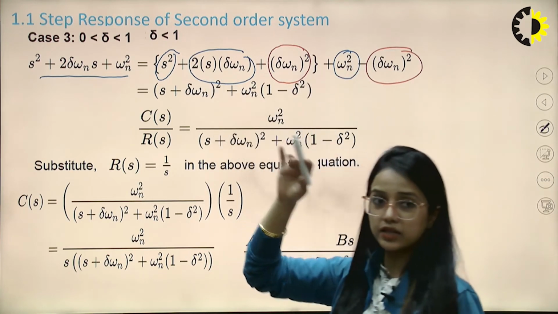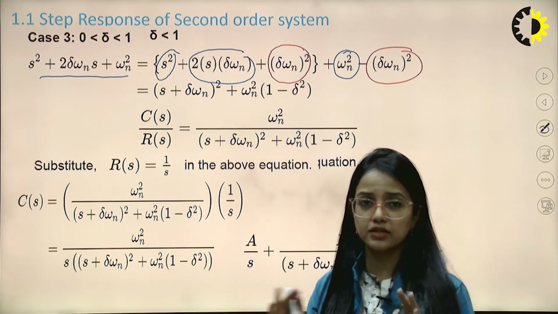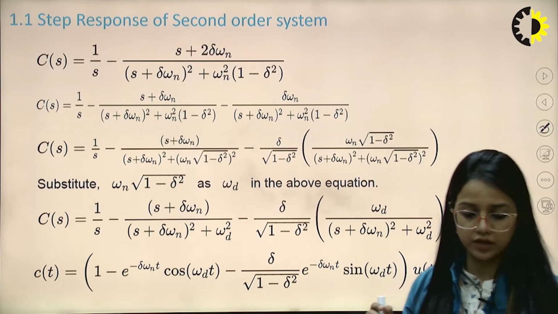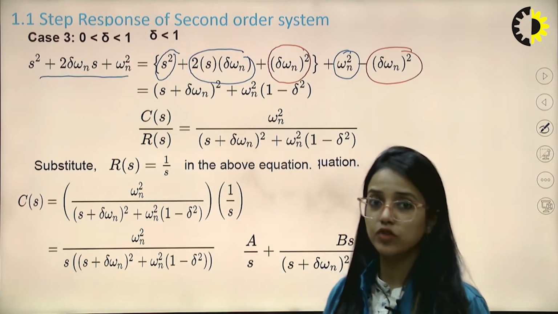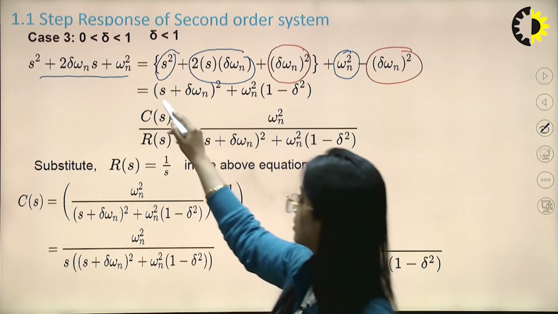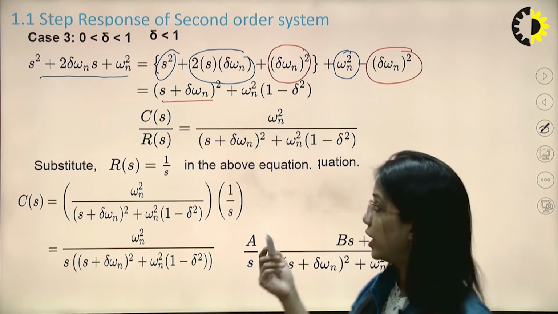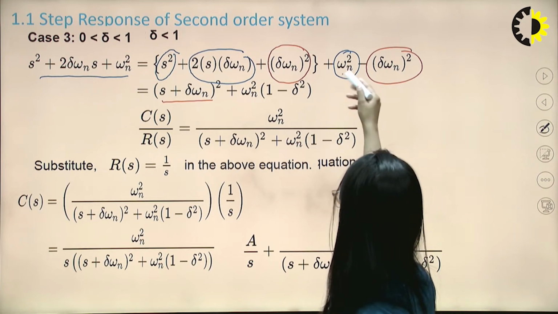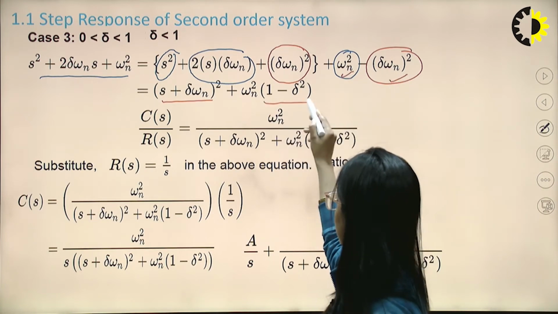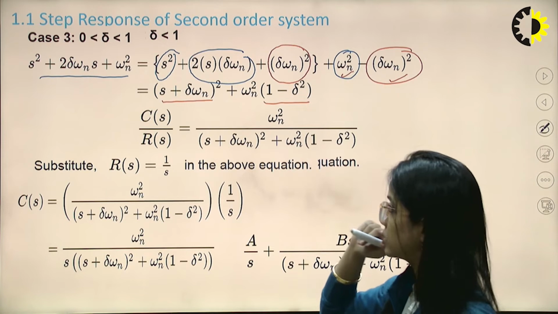We are adding and subtracting just to make a perfect square. So from here we see that it is a perfect square, s plus zeta omega n whole square, and then taking omega n square common from the remaining terms, we have 1 minus zeta square.